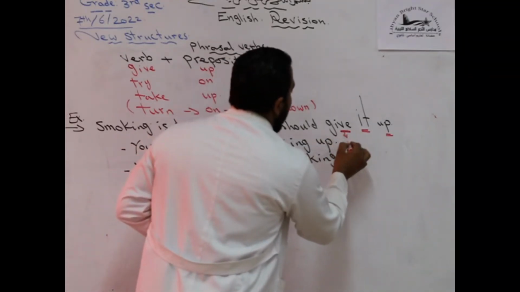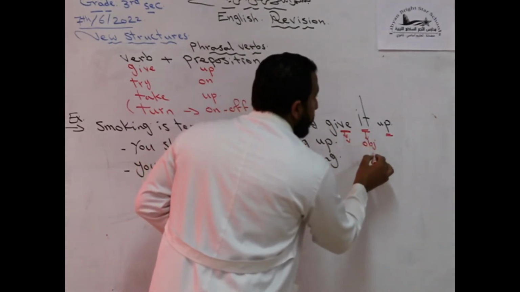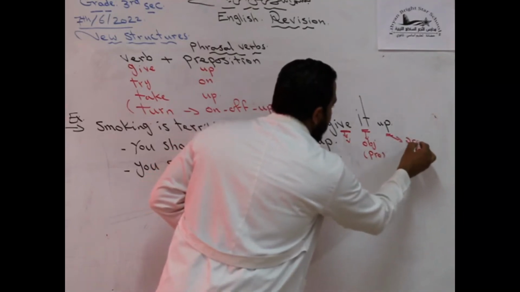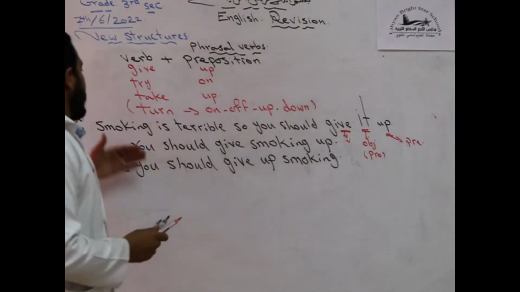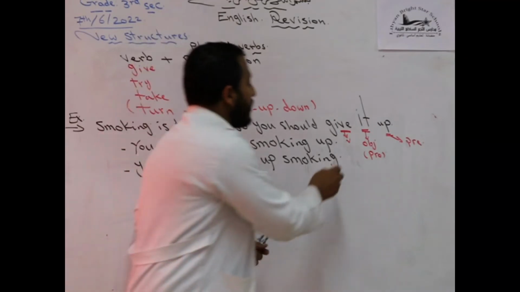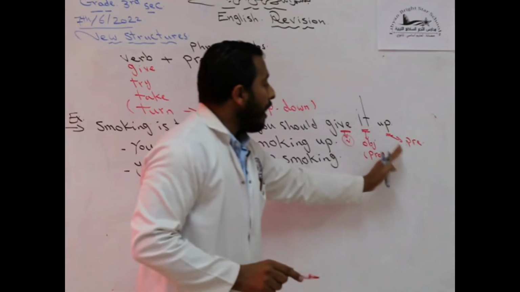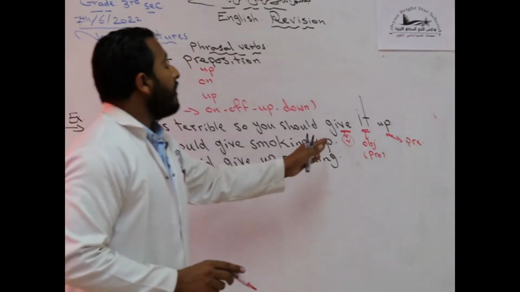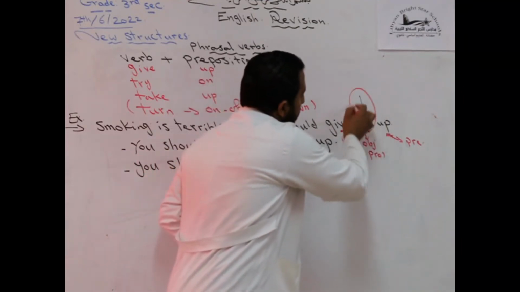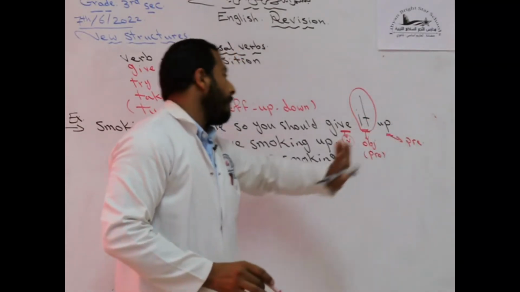Give here is a verb. It, object pronoun. Up is a preposition. Smoking is terrible, so you should give it up. Give is a verb, it, object pronoun, up, preposition. With object pronouns, we must use them before prepositions. لازم نستخدمهم قبل prepositions.